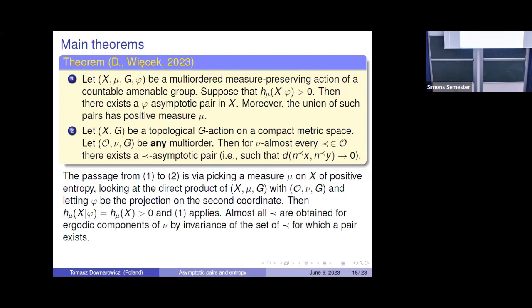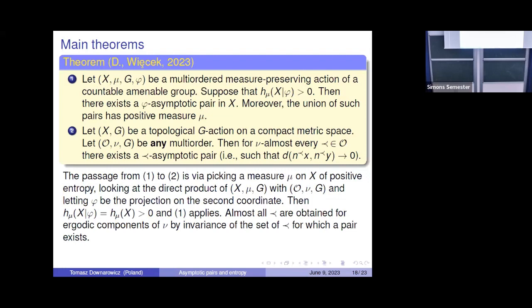In this theorem, I forgot to say it here: topological G action on a compact metric space. I forgot to write the main assumption that it has positive entropy. Only then the first result applies, because the conditional entropy is positive.